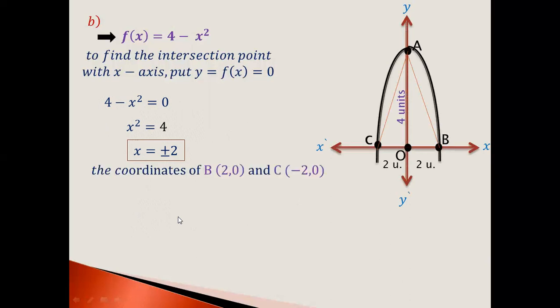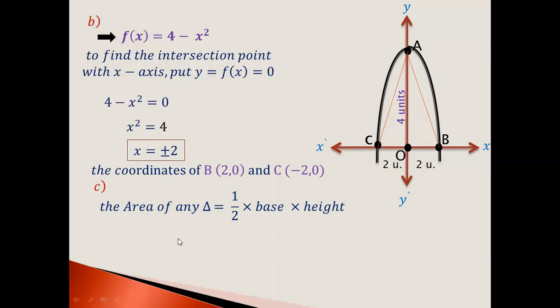That means the coordinates of b are 2 and 0, and the coordinates of c are negative 2 and 0. And now this distance is going to be 2 units, and this distance is going to be 2 units, because the coordinates of b are 2 and 0, and the coordinates of c are negative 2 and 0.